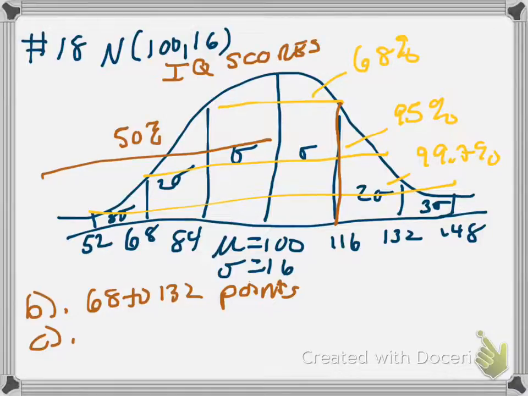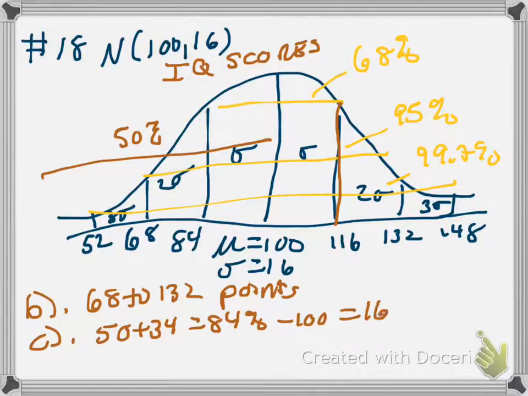And that's just half of 68, so that's going to be 34. So it's going to be 50 plus 34, which is 84%. Oh, they say above 116. Silly goose. Okay, so that's going to be 100 minus it. Say 100 minus, so I'm going to say 16%. Okay, that was bad of me.